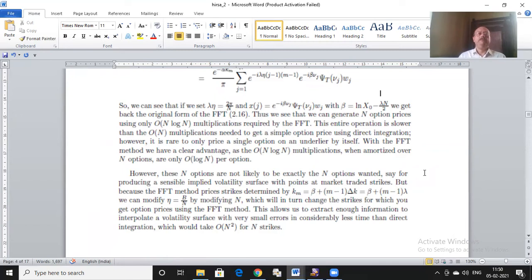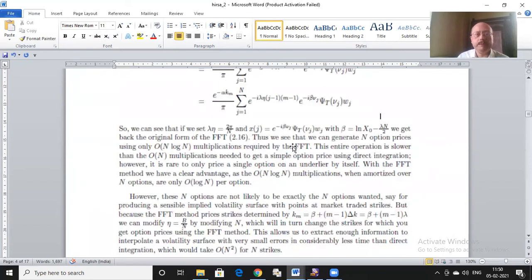So using this expression, we can generate n many option prices, because I have a range of n many strikes, using n log n order multiplications. Because of this 2 to the power rule, the computation burden is now n log n. So in this entire operation, I use n log n operations, but I get n many options.